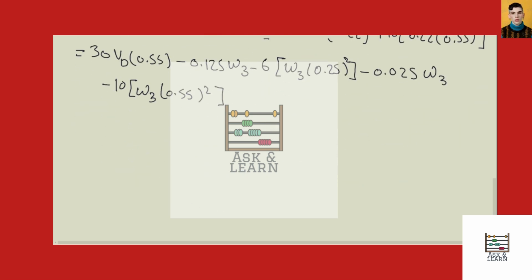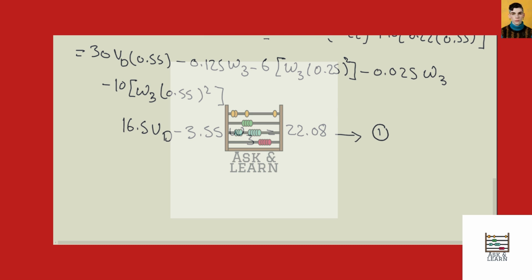So from this equation we can get 16.5 VD minus 3.55 omega 3 equals 22.08, and this is equation number 1.